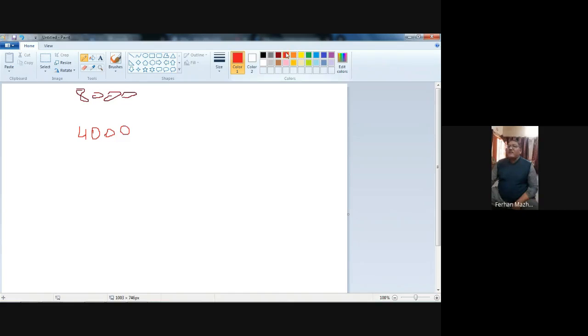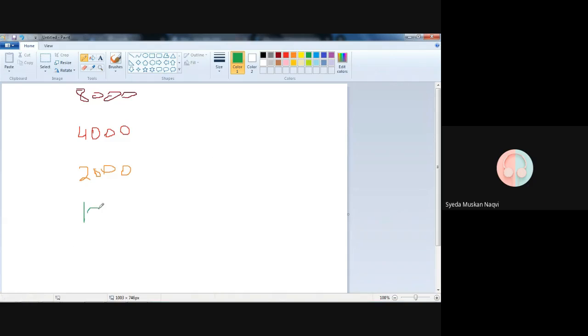When another half-life passes, the reading will become how much? 2,000. When another half-life passes, the reading will become 1,000.